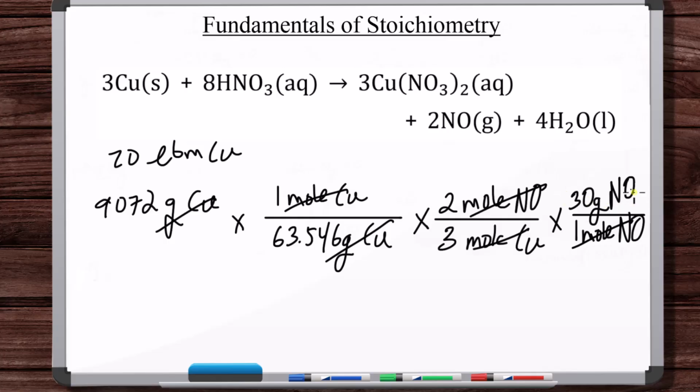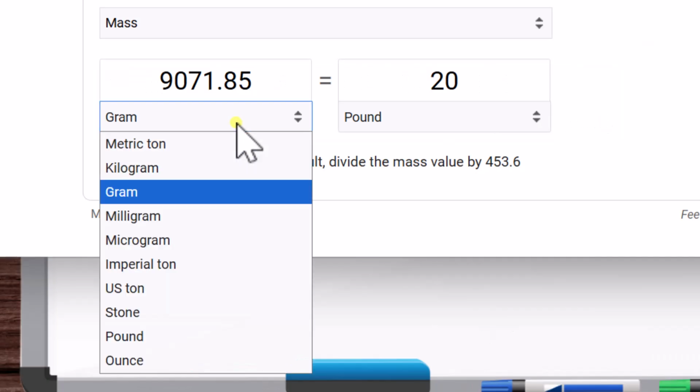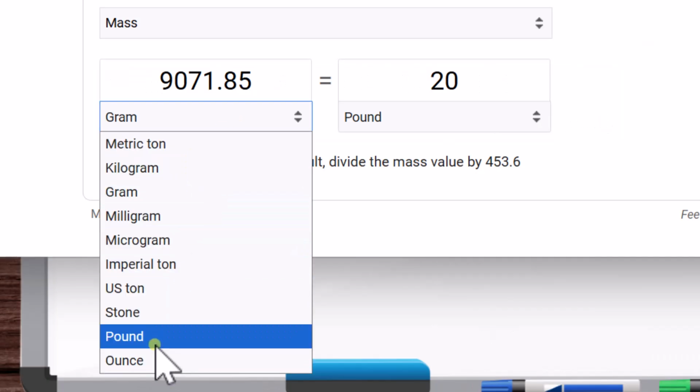But now that you have this mass in grams, you can convert it to whatever you want. In kilograms, there's 1,000 grams for every 1 kilogram, so you just divide by 1,000. Now you're in kilograms. Or you could convert this to any of these mass units.